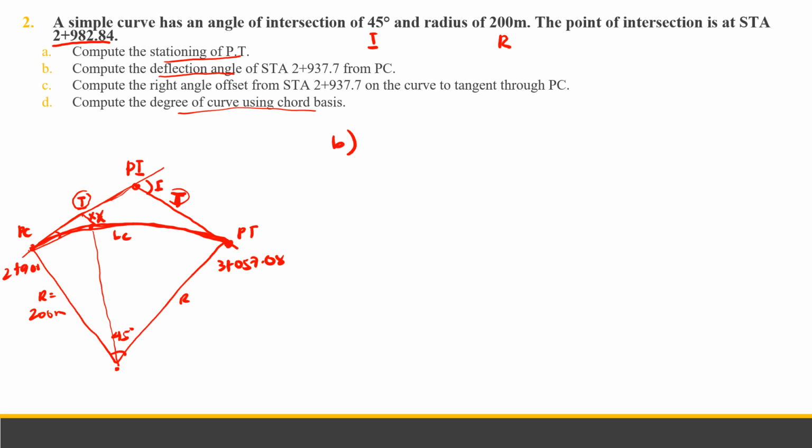Okay, so para malaman natin yung length ng curve na ito, solve natin siya. So Lx is equal to 2 plus 937.7 minus yung stationing ng PC natin. So, length of curve from PC to point X is 37.7 meters.